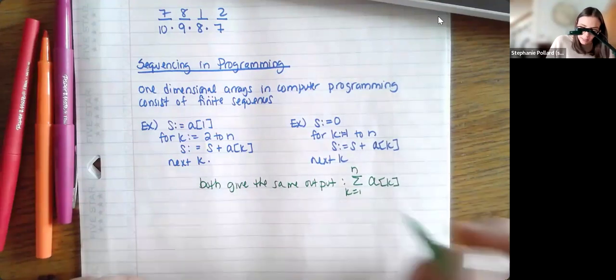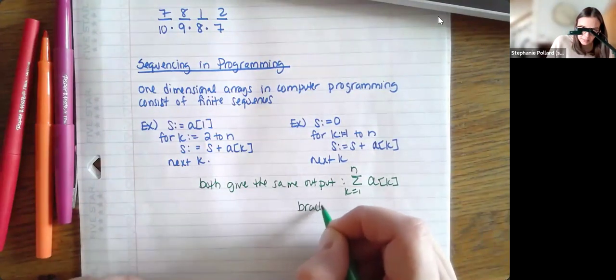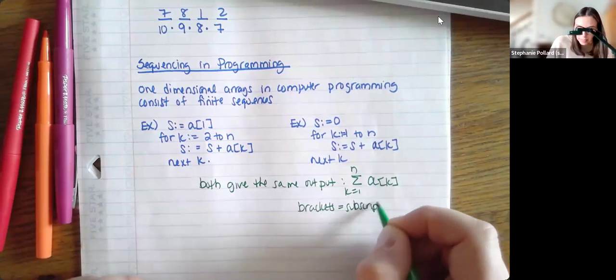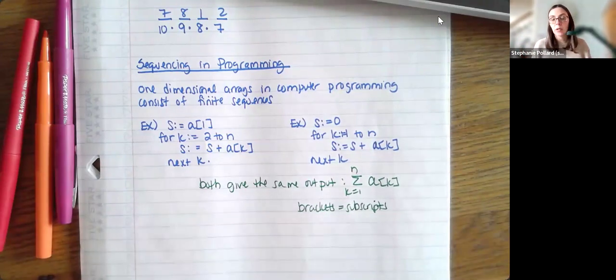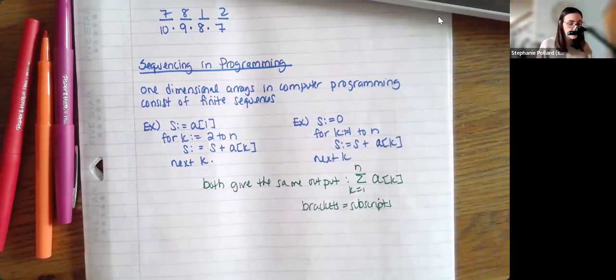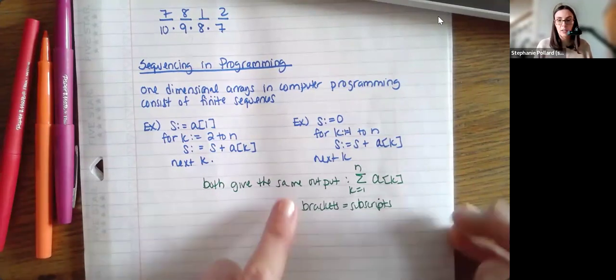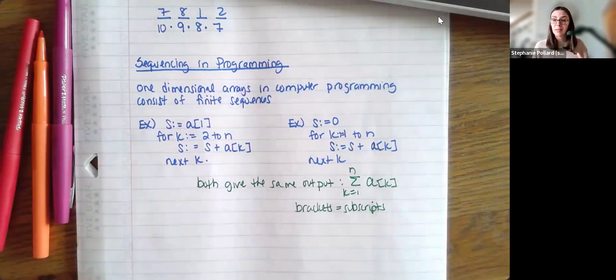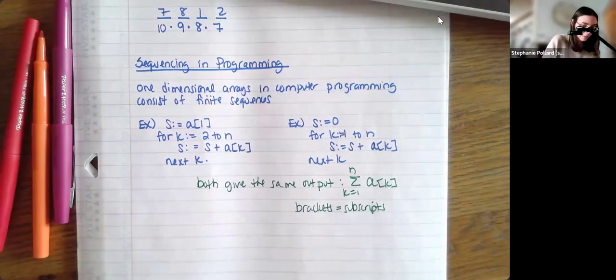And then what's happening here is we are using brackets for subscripts instead. So in this pretend programming language, we're going to use the brackets for the subscripts to show the difference in sequences. So again, it reiterates the idea that different programs, just like different formulas for sequences, can give you the same output.